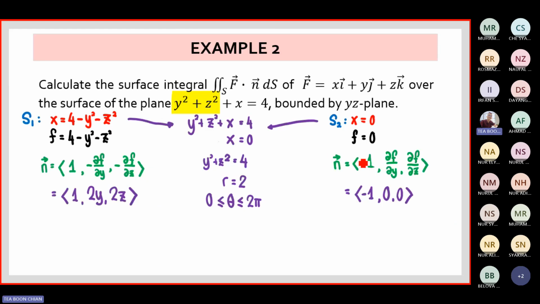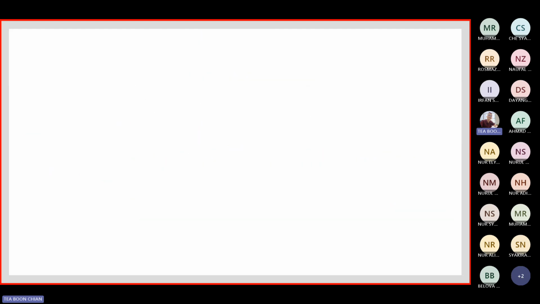Yesterday we computed the second surface equation with respect to x equals 0. We have also computed the normal vector n acting downward, (-1, 0, 0). Hence, for the second surface flux, S2, we can now compute the double integral of the vector f dot the normal vector n with respect to the surface.